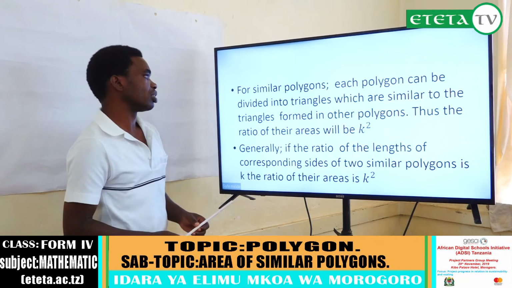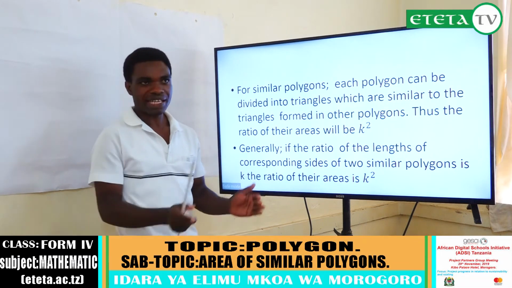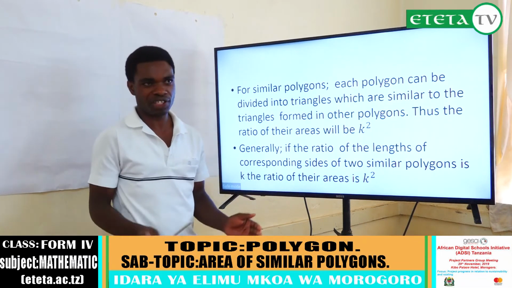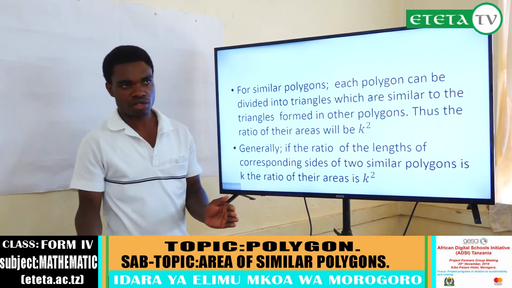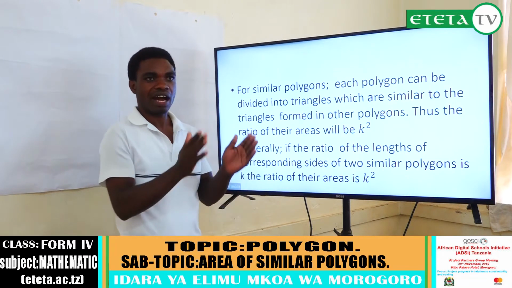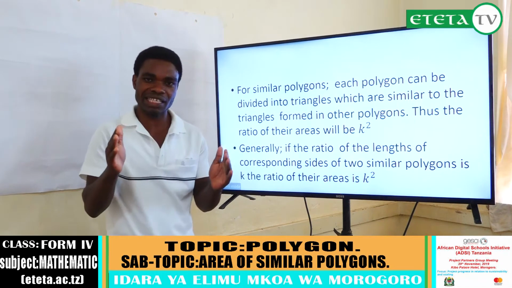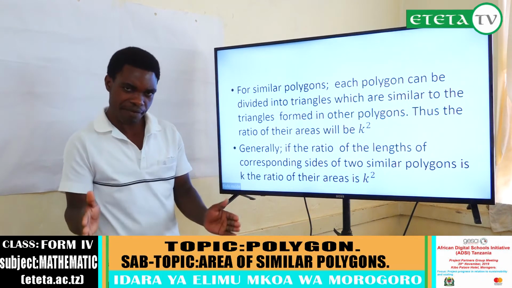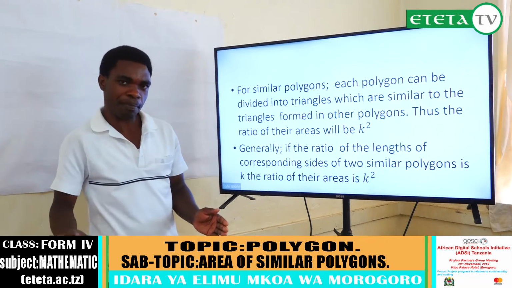Now, if you remember, when we were discussing the areas of quadrilaterals, we observed that all the formulas are derived by dividing the given polygons into a number of triangles.